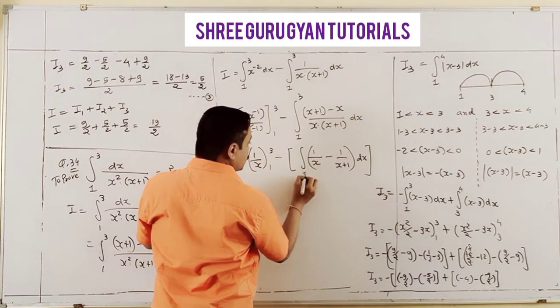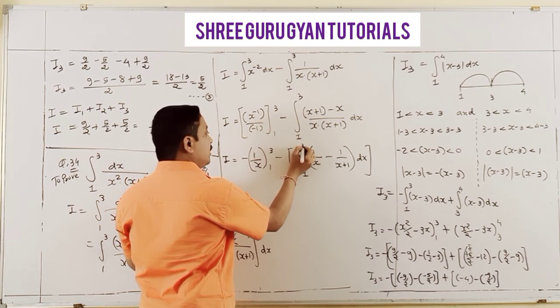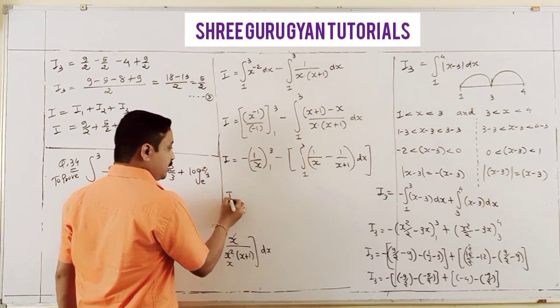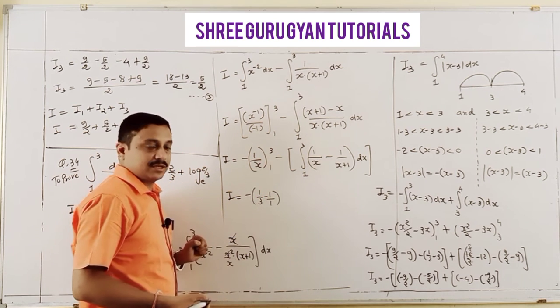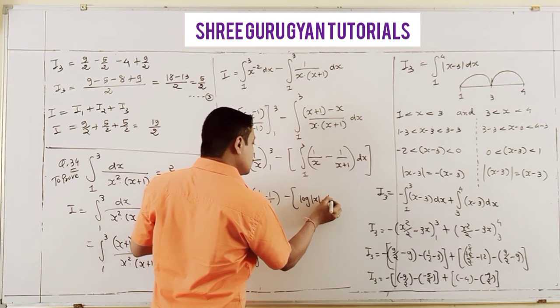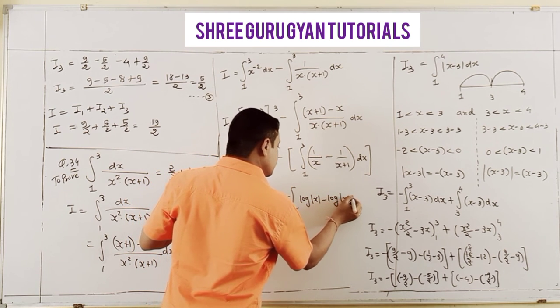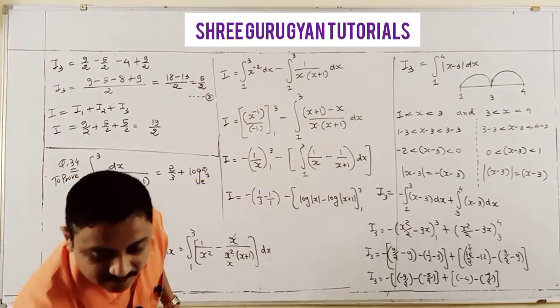Limit same, 1 to 3. Yes, it is 1 to 3 here I have written, don't worry. So integration here is 1/3 minus 1 by 1, and log modulus x minus log modulus x plus 1, and 1 to 3 limit as well, students, I put there.